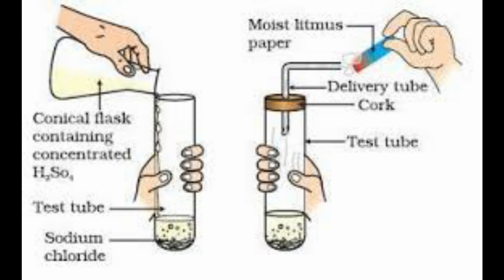This shows that the wet litmus paper turns red because HCl dissolves in the water present in the wet litmus paper to form H+ ions and Cl- ions.